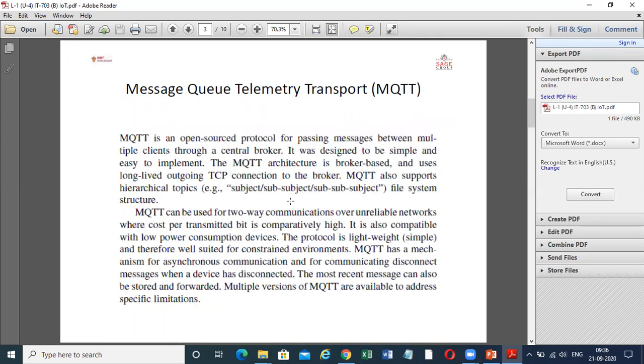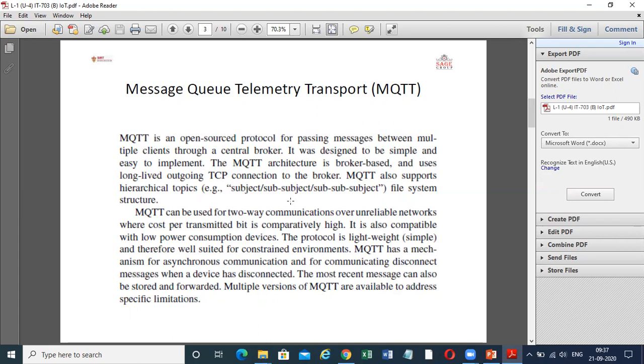Some more regarding MQTT. MQTT is an open source protocol that is very important for passing messages between multiple clients through a central broker. It is designed to be simple and easy to implement. The MQTT architecture is broker based and uses long-lived outgoing TCP connections to the broker.